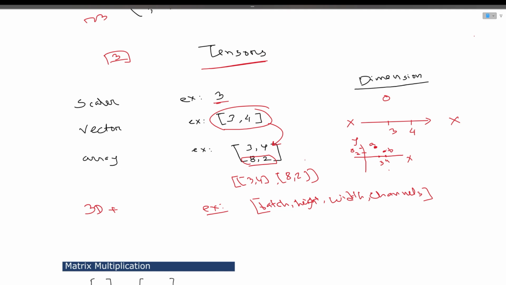So using an array, we can now present a value in a two-dimensional set, in 2D. So it has both x value and y value for a particular thing, okay?